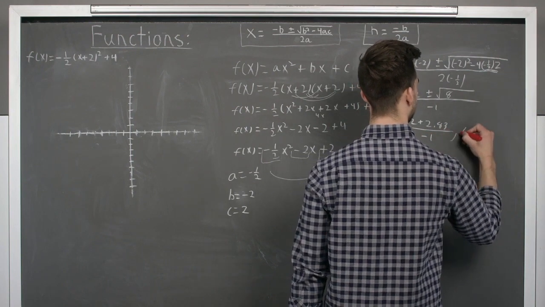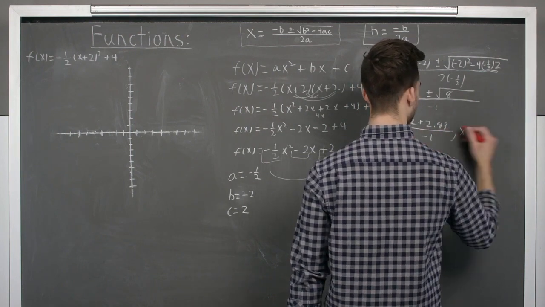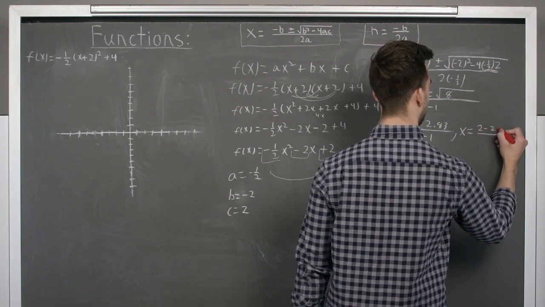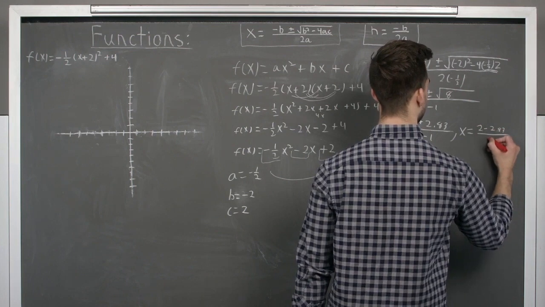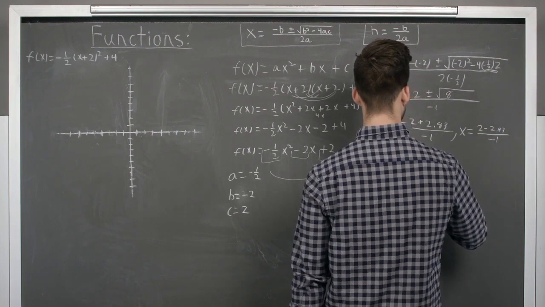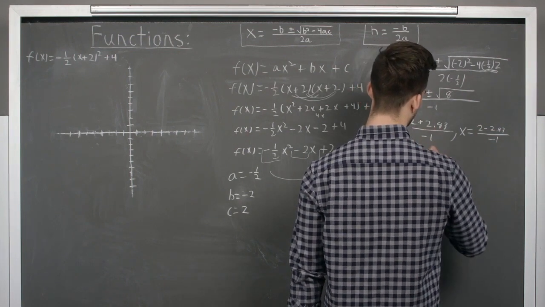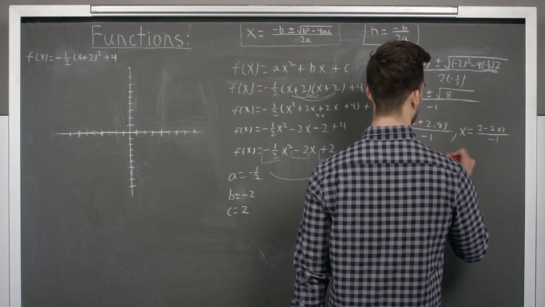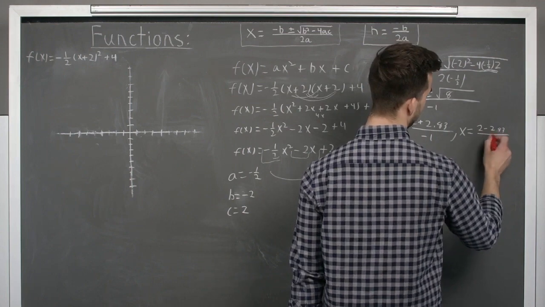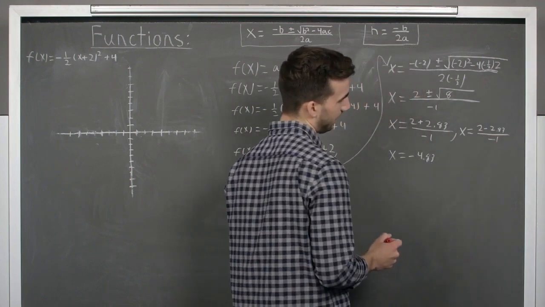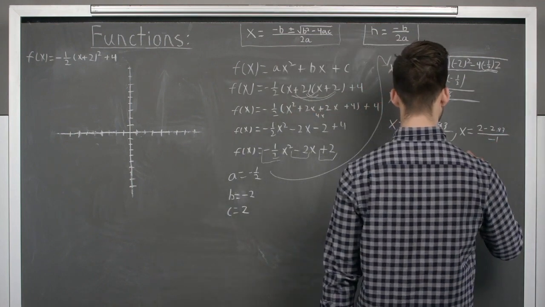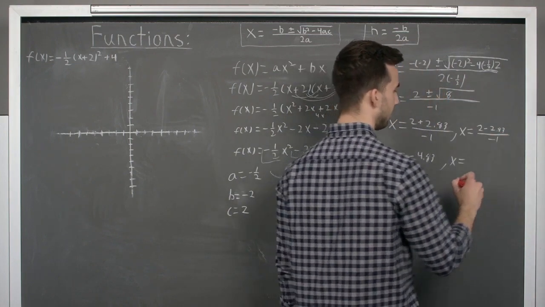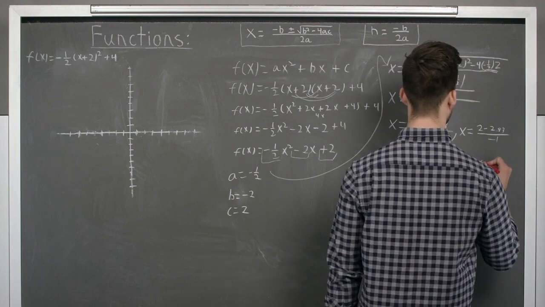And x is also equal to 2 minus 2.83 over -1. So x is equal to -4.83 over -1, which is -4.83, and -0.83 over -1 is equal to 0.83.